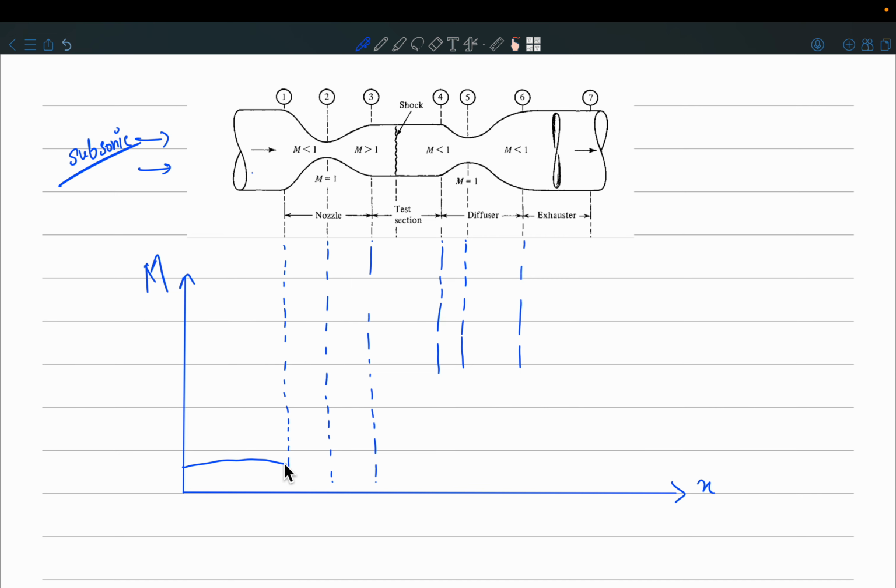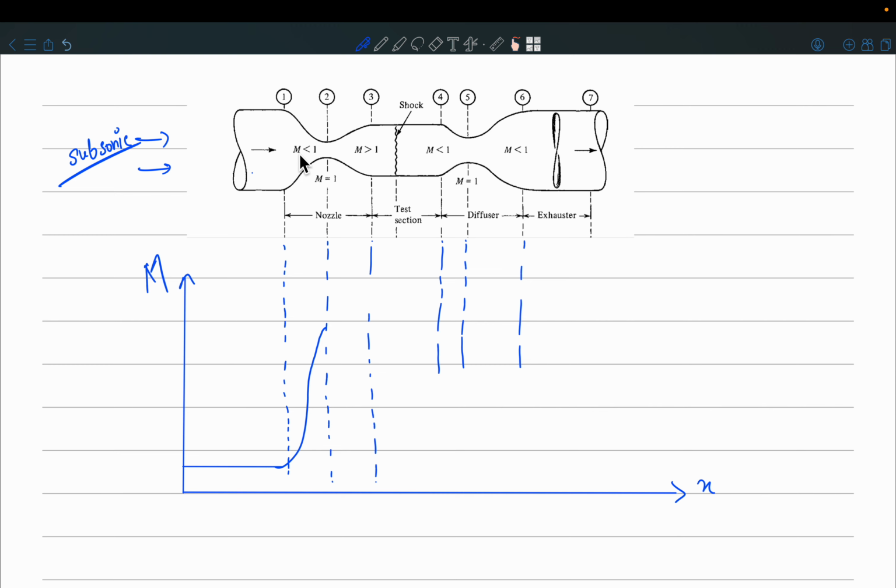So this Mach number is going to be very small, but as soon as you start coming into this converging-diverging part, the flow speed is going to start increasing, right? So in the CD nozzle, let us say the Mach number increases, and the shock is sitting in the test section, right?